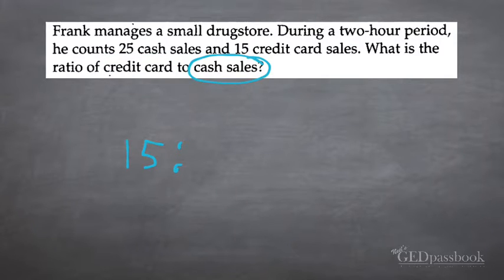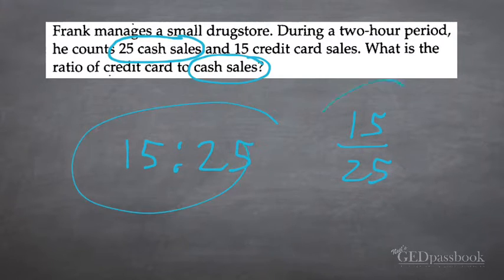Where's my cash sales at? Right there. 25 cash sales, right? So it goes right there, 25. Or 15 over 25. Doesn't matter. Both of these ways are the way you write out a ratio. Both of them are correct. Do you guys see that? You're writing out ratios.